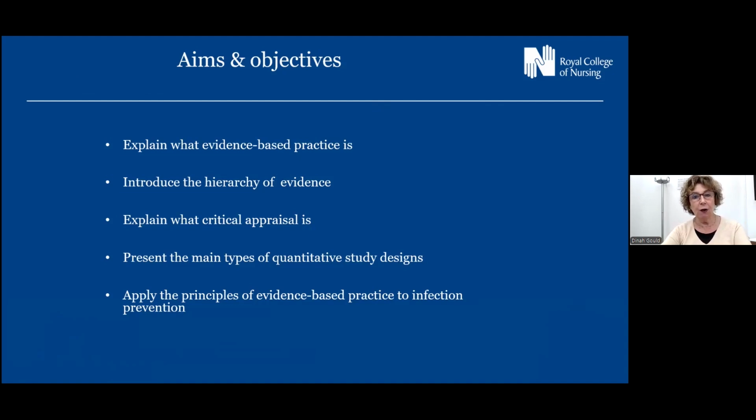The reason I'm going to focus on quantitative study designs is because I think that they are more difficult to read about for yourself if you feel the need, and because most people have had some kind of introduction to evidence-based practice in their pre-registration programs, but people tend in those programs to focus very much on qualitative research anyway. So I think it's better to focus on the things that are harder for you to look up yourself. I think you get better value for money that way.